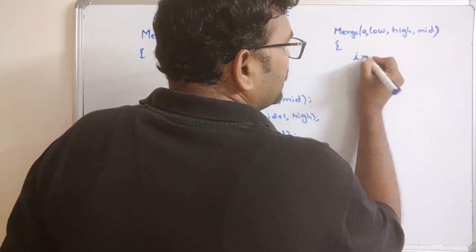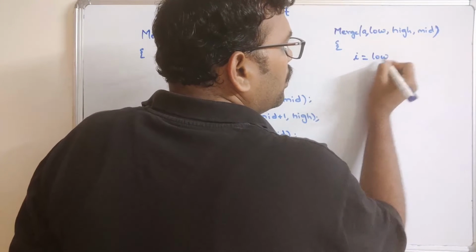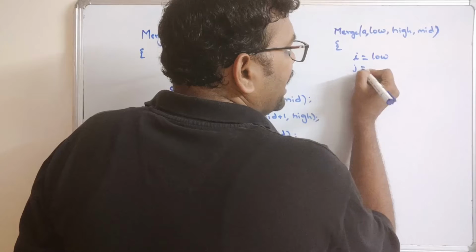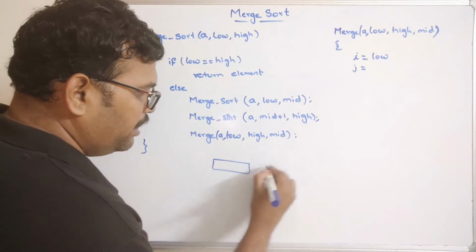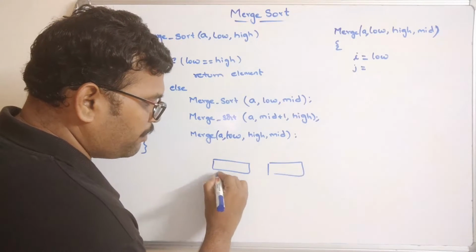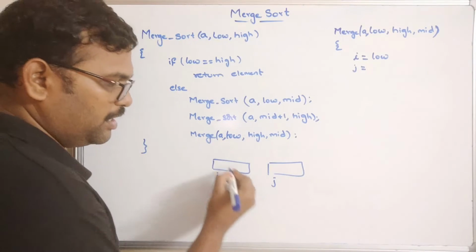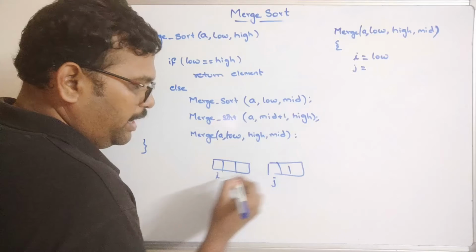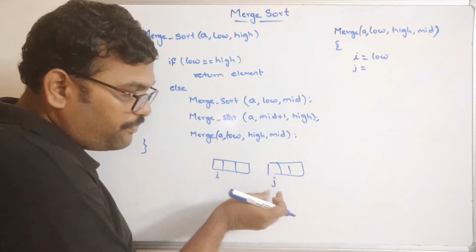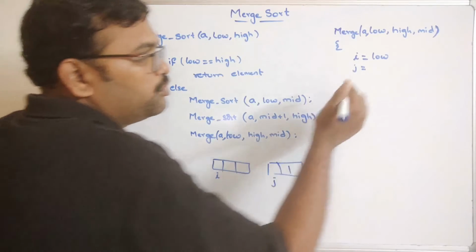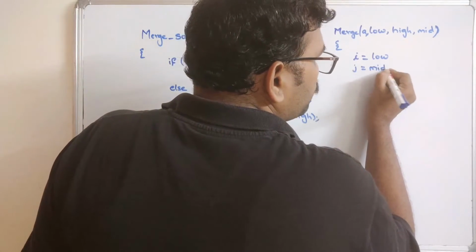Let us initialize I is equal to low and j is equal to mid plus 1. We are taking two parts, and here I am writing I and here I am writing j. So I is low, and j will be the first element of the second array, which is nothing but mid plus 1.